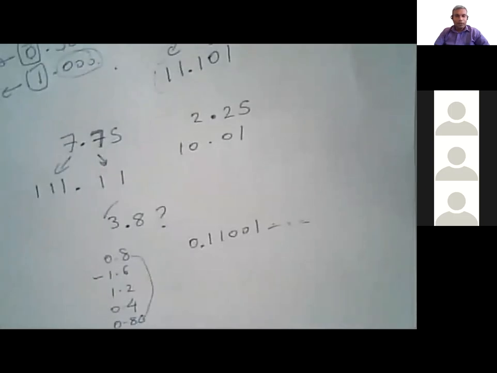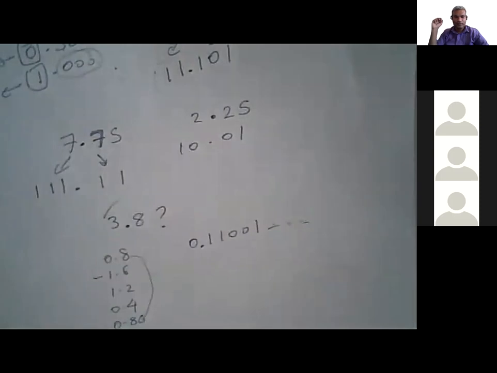Do you think this is a problem with the binary? It is an issue with the binary, but you can find similar things in the decimal. Can you find something similar in the decimal? Some fractional value, when you try to convert into decimal points, that kept on, yes, that one.